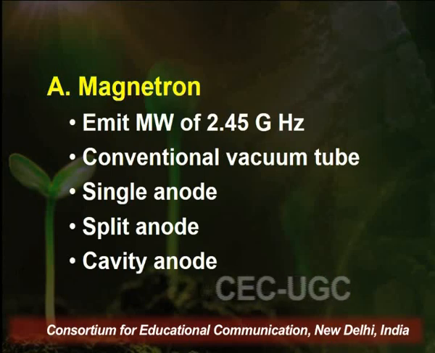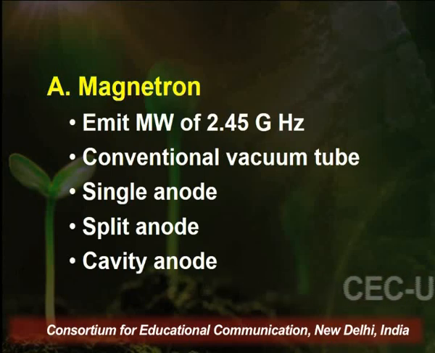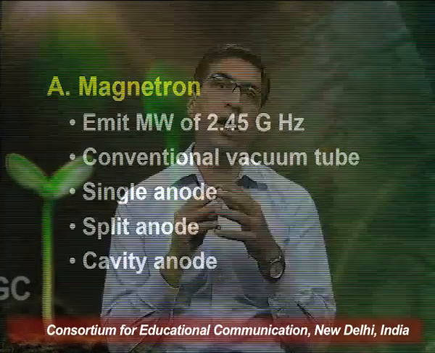To overcome this, split anode magnetrons were developed, wherein the anode was split into two, which work alternatively to produce the microwave. So if one anode heats up, the second starts working. But again, this type of magnetron had several other problems, which led to more efficient and more modern magnetrons, that is, the cavity anode magnetrons.